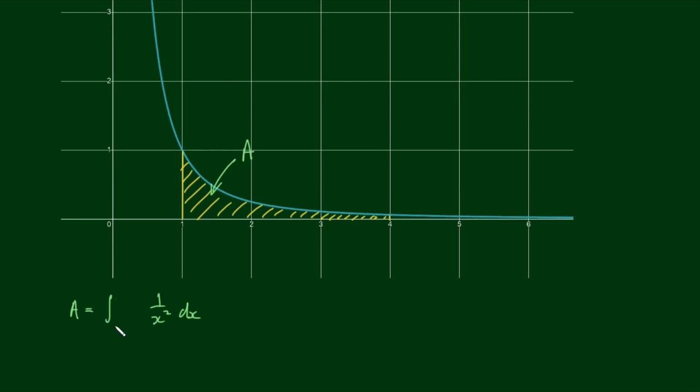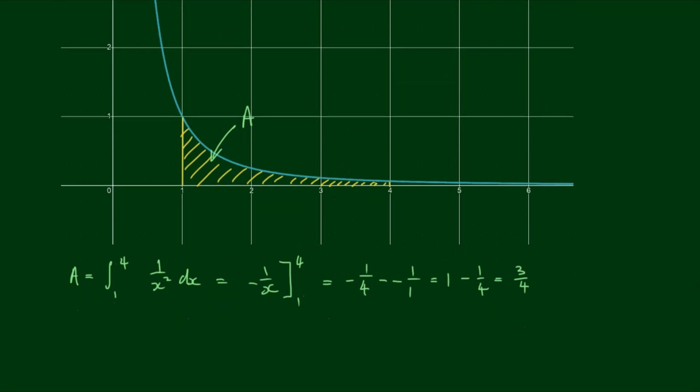Just write that as the integral from 1 to 4 of 1 over x squared. So the integral is negative 1 on x, bounded by 4 over 1, which equals negative 1 on 4 minus negative 1 on 1. And we can rewrite this as 1 minus a quarter, which gives us an area of 3/4. Alright, so that's pretty straightforward.